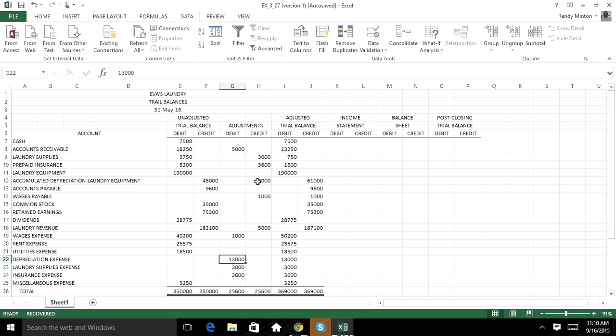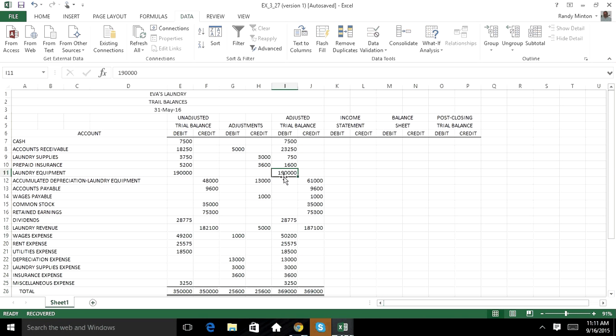Now, since we net out laundry equipment and the accumulated depreciation laundry equipment, since those two numbers eventually will be netted out, you're really in effect making the asset drop. I hope that makes sense to you. But we don't go strictly through the asset to make that happen. One reason is that we want to preserve the cost basis, which is what we've done here.